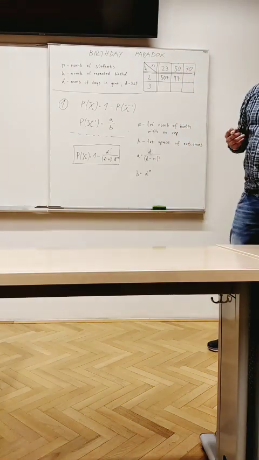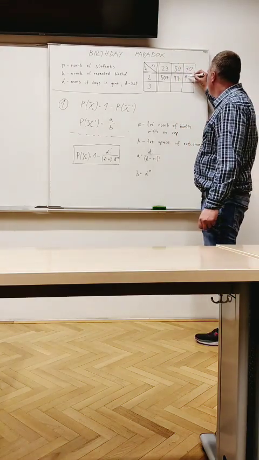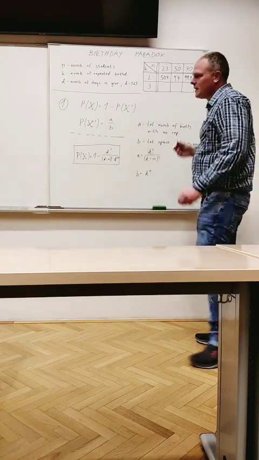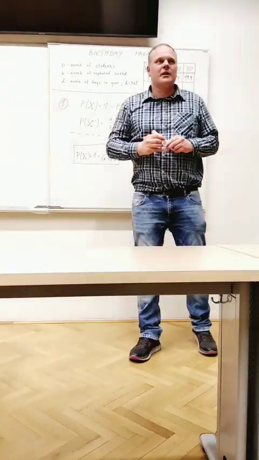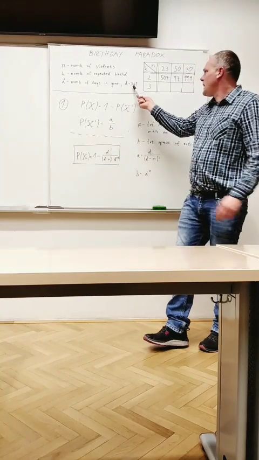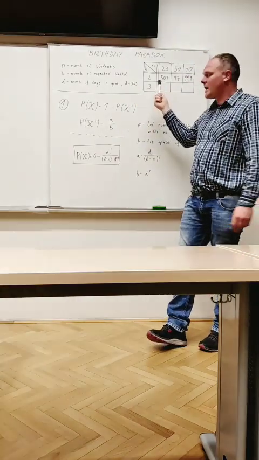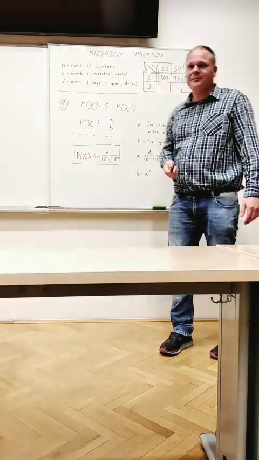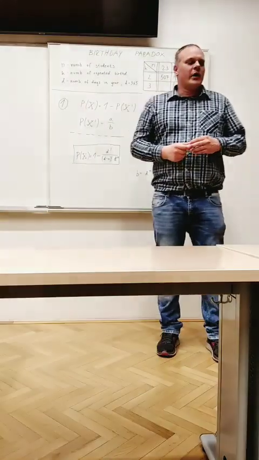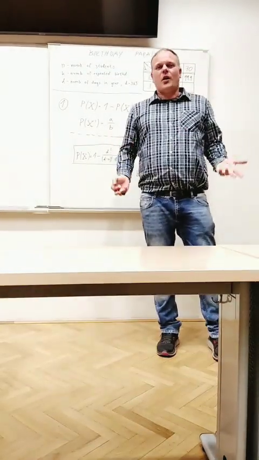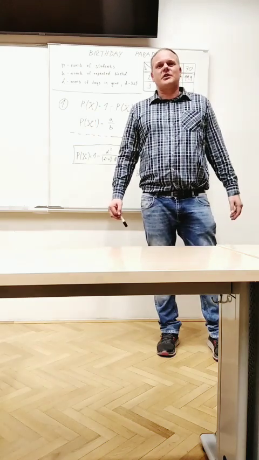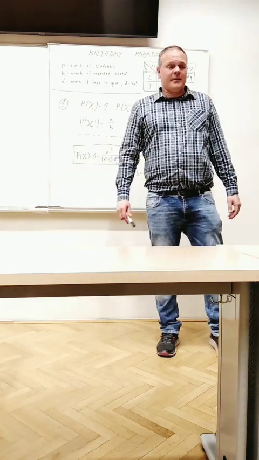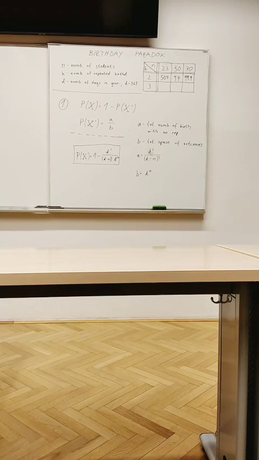And for 70 people, we get 99.9%. So one would think that we need half of this number for a 50% chance, but it turns out that this number is only 23. And now we are curious and would like to know also if 3 people share a birthday, and we will do it right now.